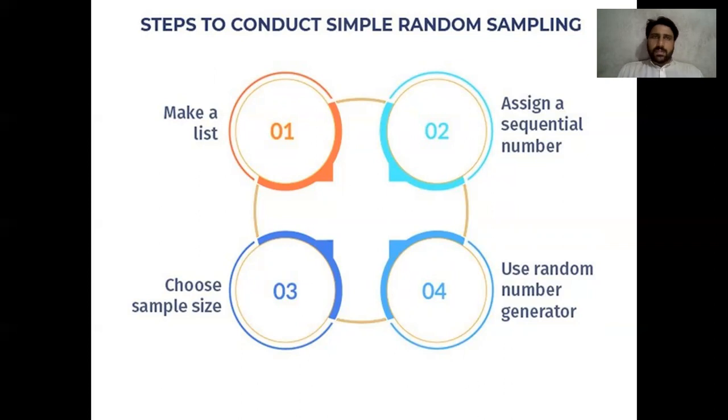Those numbers will provide you with the sample, with the size previously decided by your study plan. Let's say out of those 100 sequential numbers, you have already decided you need 15 or 20 representatives of the population. That depends on your sample size, and accordingly you choose those random numbers.